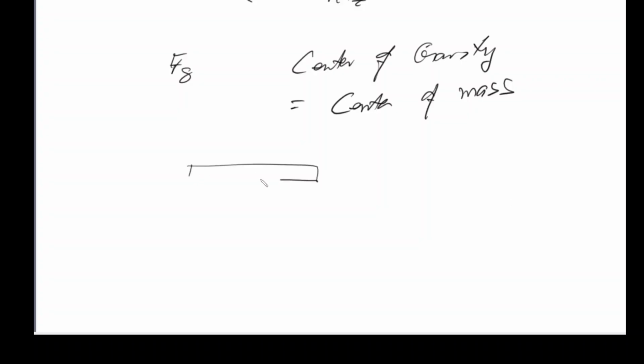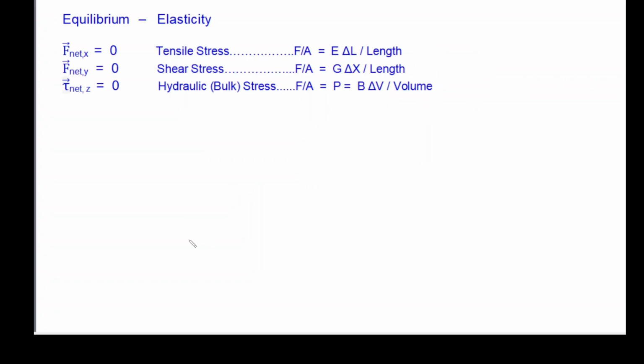So if you have a bar and you have forces on it, and these are both unknowns, instead of putting the axis of rotation for the torque through the center, you can choose putting it through one of the forces, and in that case the torque will be 0 because torque is r cross F and r is 0. So that's just a simplification when solving problems.